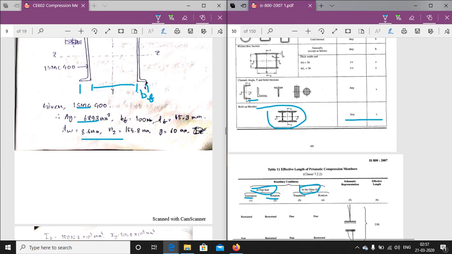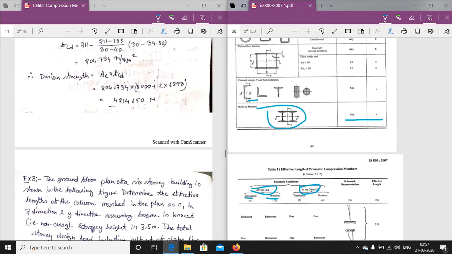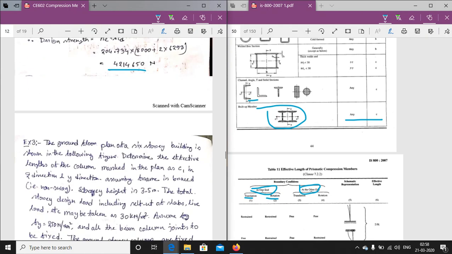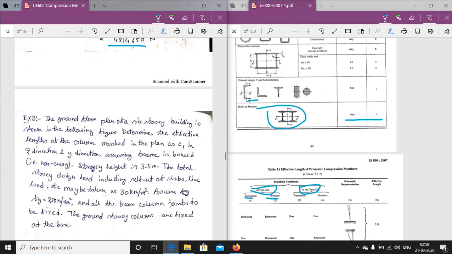Okay, for C section, so always it will be a C section for a built up member. So the buckling class for built up members at any axis is equal to C. So for KL by r we are determining the fcd, and the design strength is equal to 4214.65 Newton.